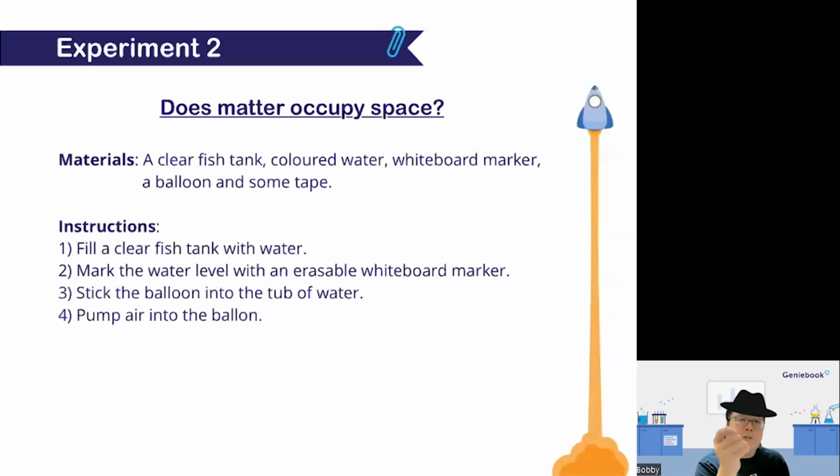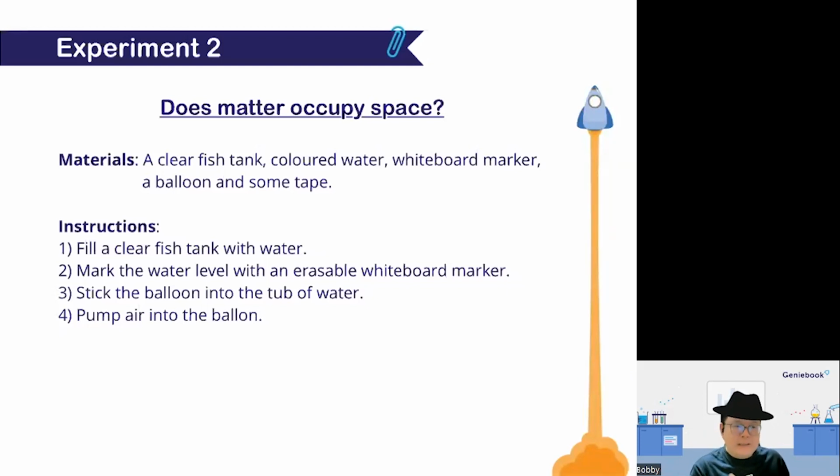I touch it, I know it occupies space. Like the water in the bottle, it is definitely occupying space, because if I want to put in more water, it will spill out. If I put in anything inside the bottle, let's say an ice cube, the ice cube will also push the water out. But what about gas?